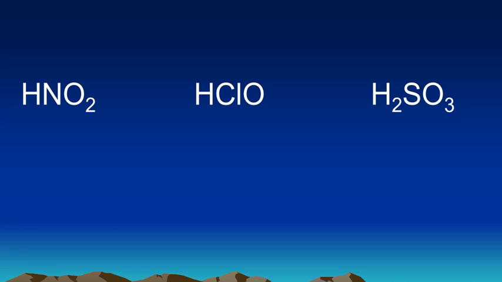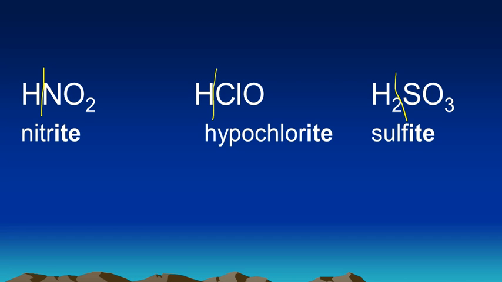Well, if we split these in half and name the anion, the NO2, the ClO, and the SO3 2 negative, they don't end with ate. They end with ite. And so NO2 is called nitrite, and ClO negative is hypochlorite, and SO3 2 negative is sulfite.